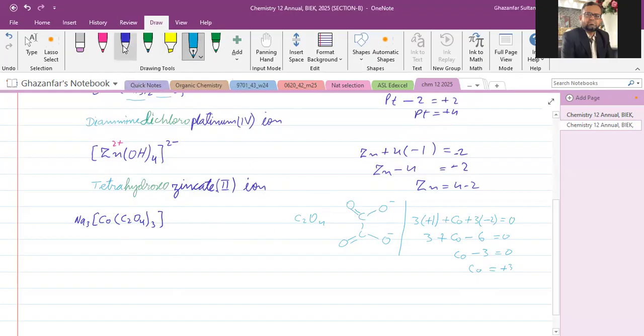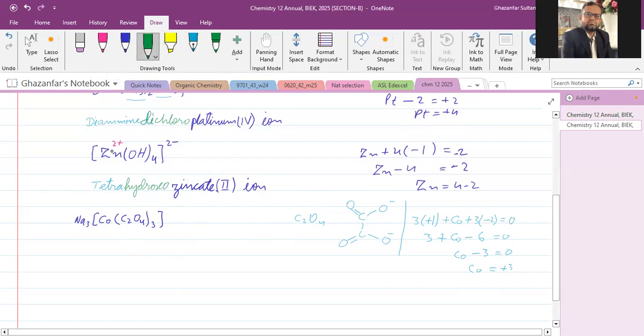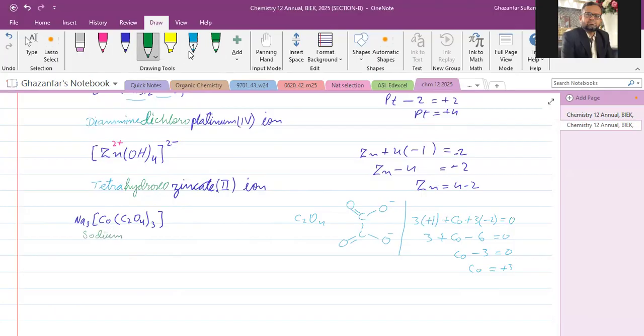So now first we will write sodium because we write positive part first and we give some space. Then we will write tris oxalato because it is an organic ligand. Tris oxalato.